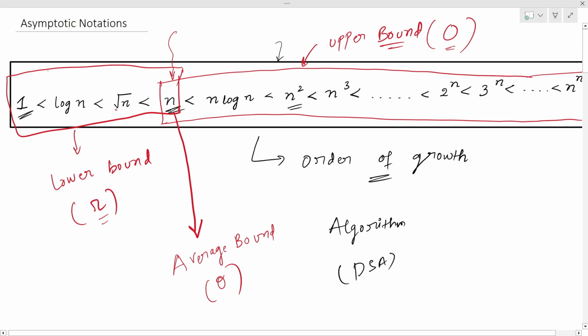We are not going to represent anything which is greater than or less than these things. So you can clearly see for upper bound, that means for big O notation, we can write complexities like n log n or n square, and for omega we can write n root n, log n, 1, something like this. But for average, that is for theta notation, we must write only in terms of n because it lies in between both of them.